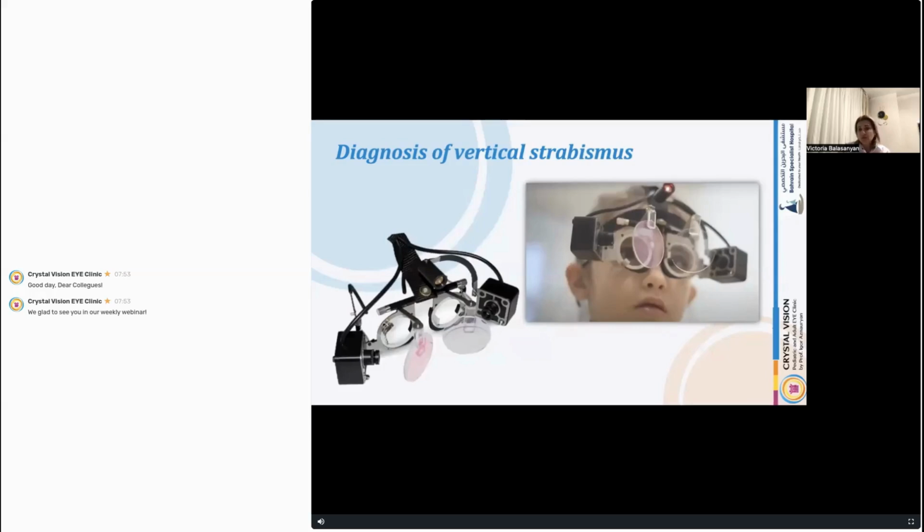The assessment of deviation occurs automatically in all directions of gaze. It's possible to accurately evaluate the angle of strabismus even with low vision and at any distance. Particularly important for patients with vertical strabismus is that we can also measure cyclodeviations.